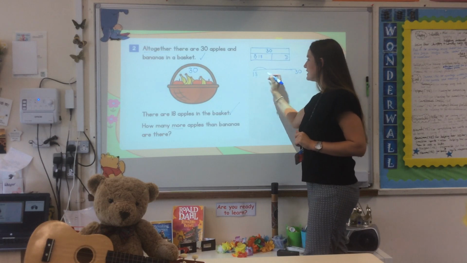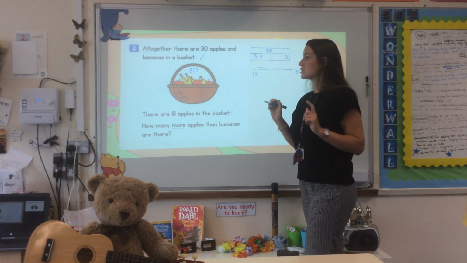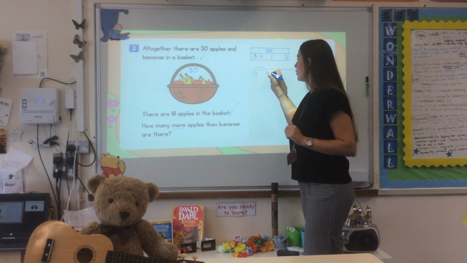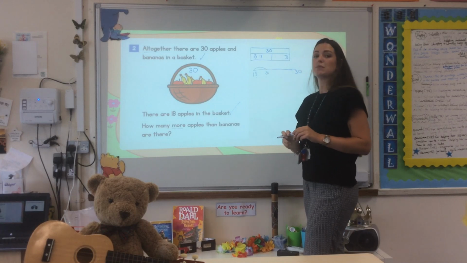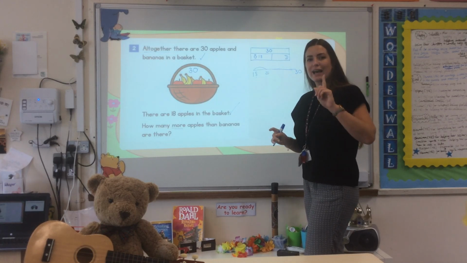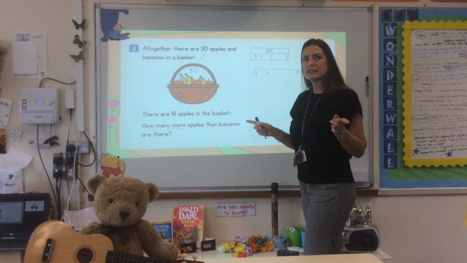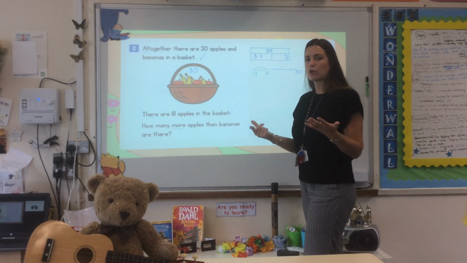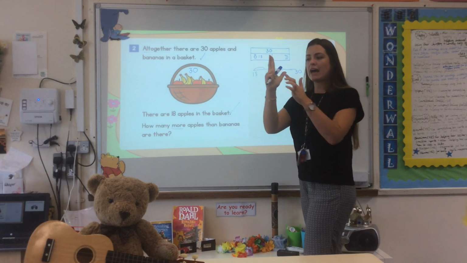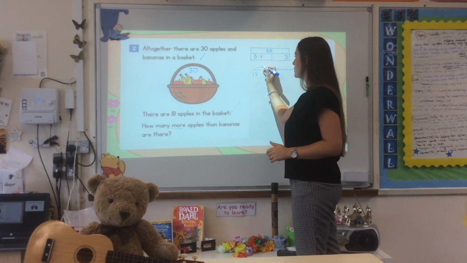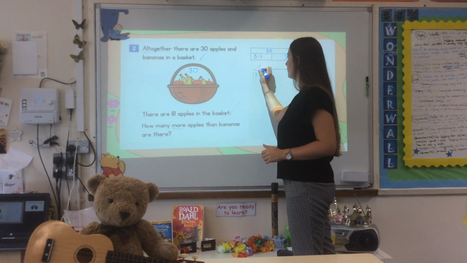Now I'm looking at this 8 here, thinking about my number bonds. I want to get to 20. If it's the next multiple of 10, so the next number in the 10 times table, what do I need to add to 8 to get to 20? Or 8 and what makes 10? Well, if you need to check on your fingers, you can. 8 and 2. So we've got a jump of 2.